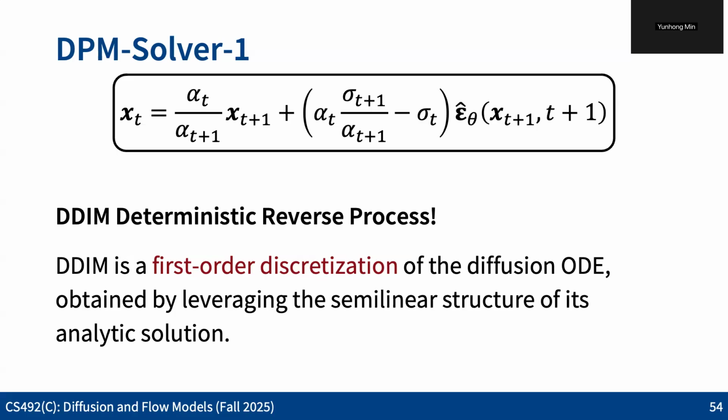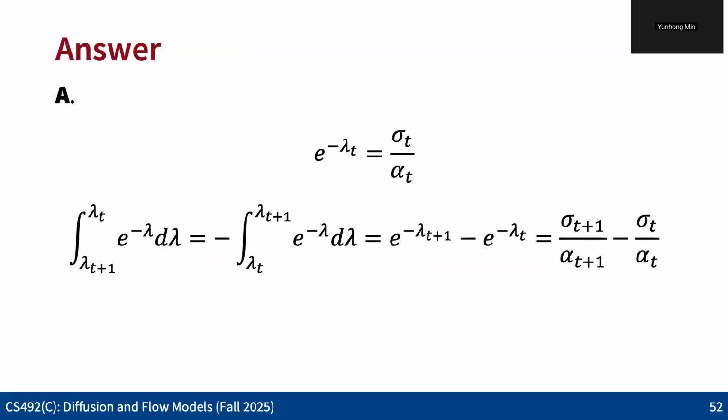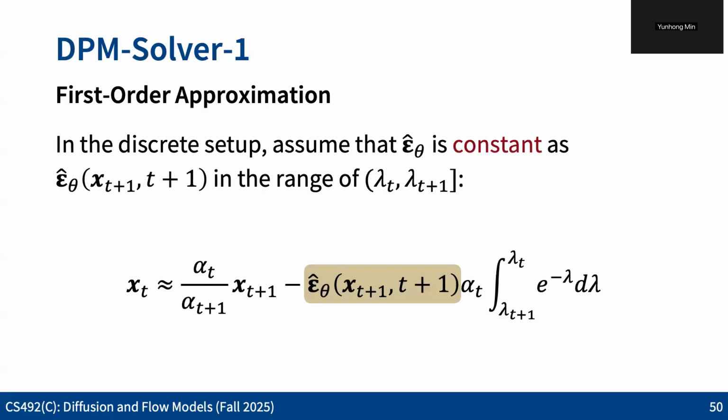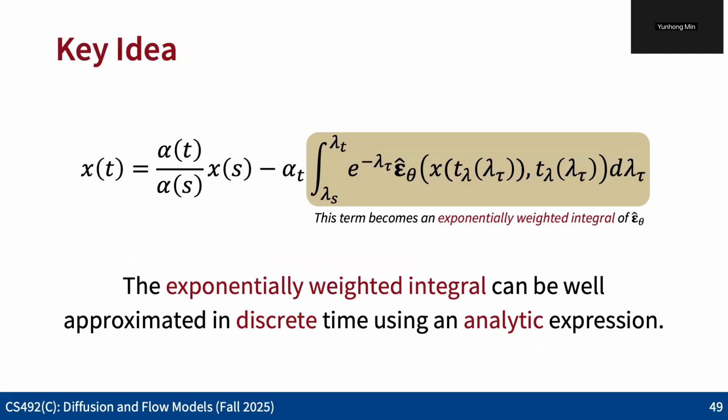So what we are doing in terms of the approximation is that we could do a first order approximation for the entire ODE, but instead we only take the approximation for this second part, assuming some piecewise linearity for the noise prediction.